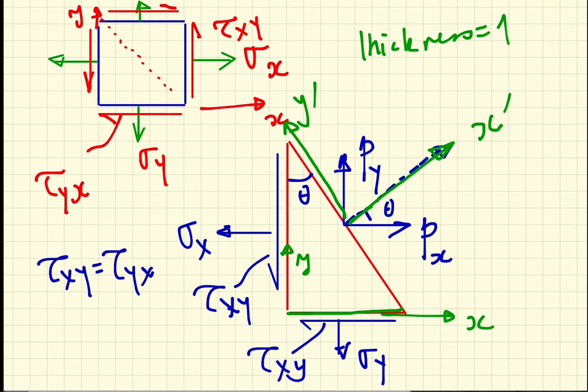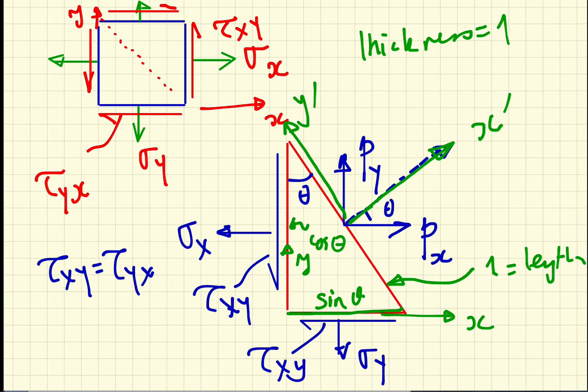Therefore, if I for some reason choose the length of the diagonal to be 1, then the length of the element that is opposing theta, or across from theta, will be equal to sine theta, and the element that is right adjacent to theta will be cosine theta.